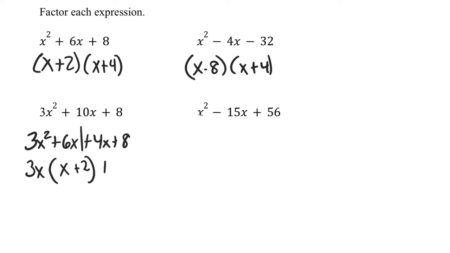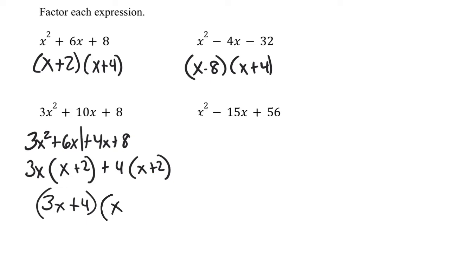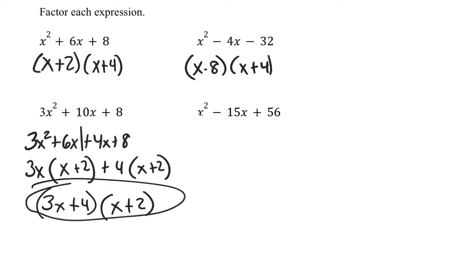So I'm left with a positive 4, so plus 4. Factor that out, I'm left with x plus 2. So when I rewrite this, 3x plus 4, which comes from here and here. And since this matches up with this, I know I'm correct, and I'll multiply that with x plus 2. So that's my final answer here.